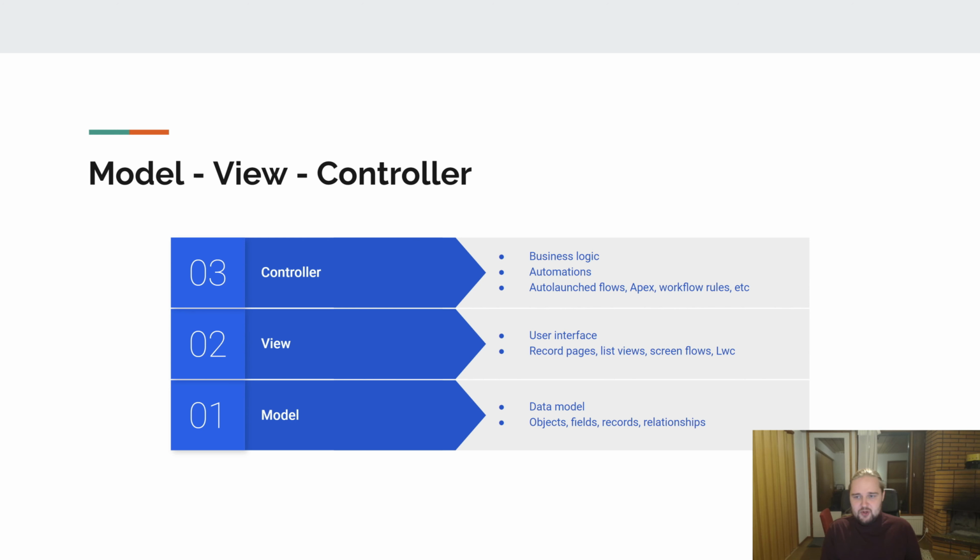If we don't have a good enough data model, it doesn't make sense for us to build, and sometimes we can't even build the business logic for our system or the right views for our systems because the model is just not correct. And that's why the data model is a really important piece when it comes to the Salesforce CTA.